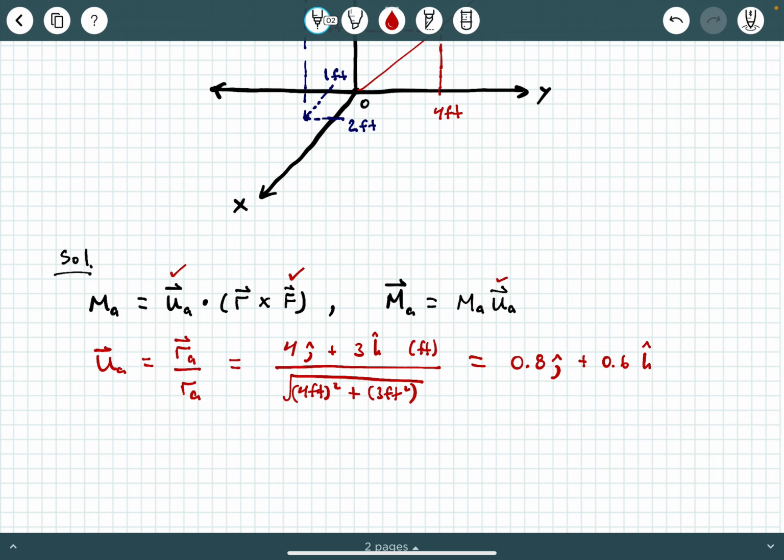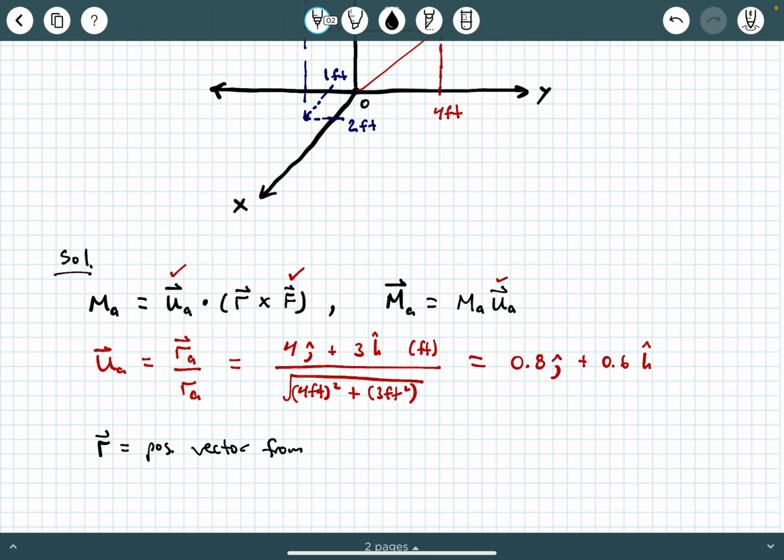Now, finally, what we need is a particular position vector, okay? Now, remember, what is this position vector R? Let's write this down. R is the position vector from what to what? That's the question.